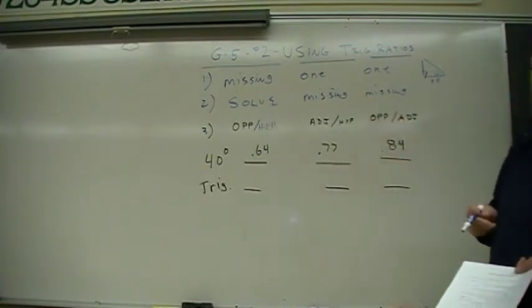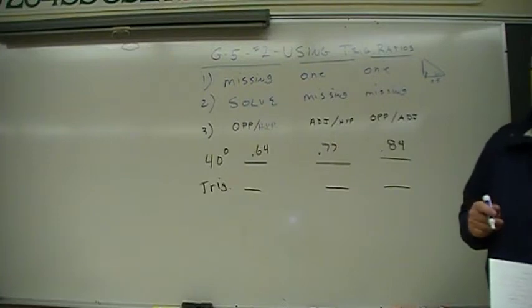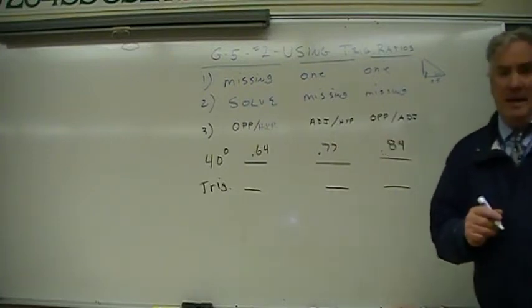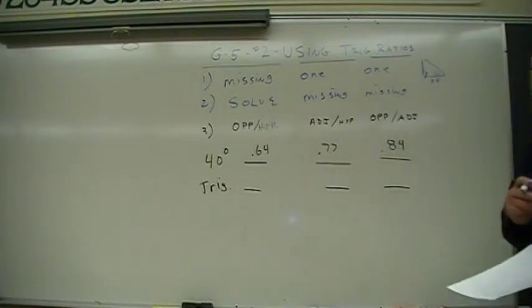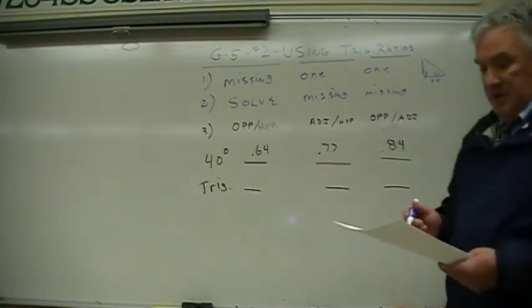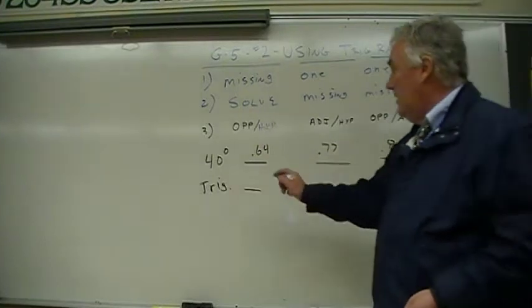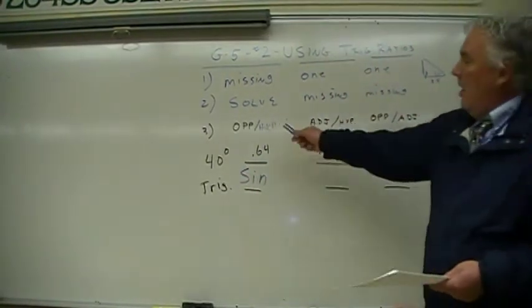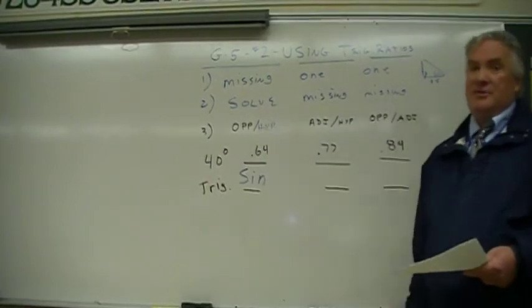Opposite divided by hypotenuse. Those are the 3 different ratios that we have. And we found that these ratios happened, these measurements. In trig, we give them names. The Greeks gave them names, and those are the ones that we're going to use. So filling in your chart underneath, opposite over hypotenuse is sine.